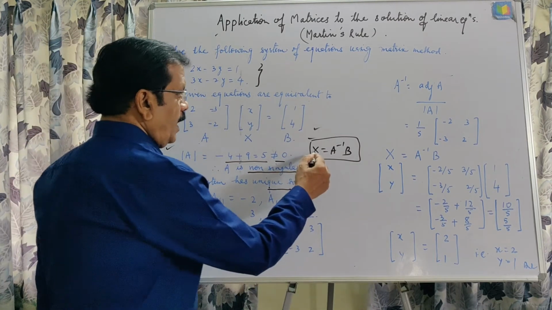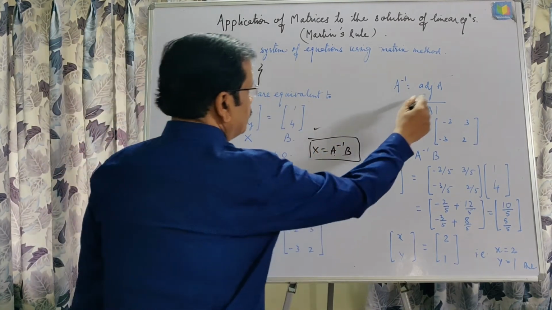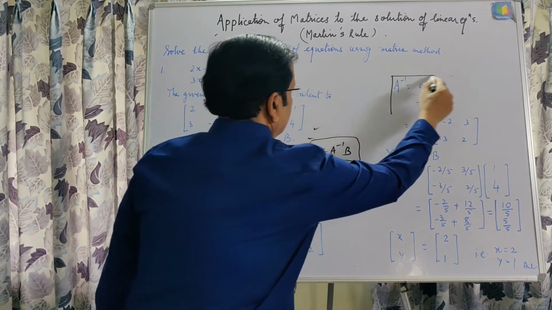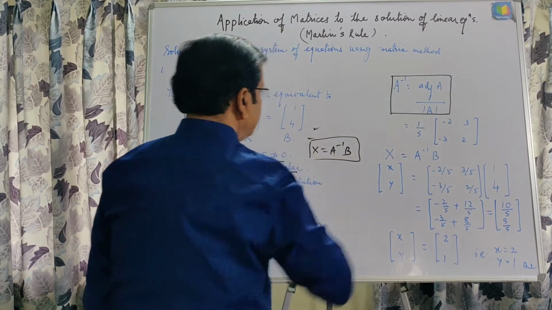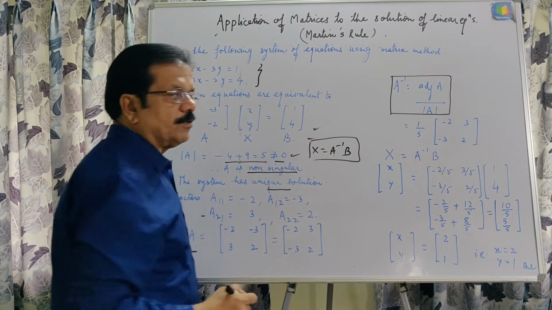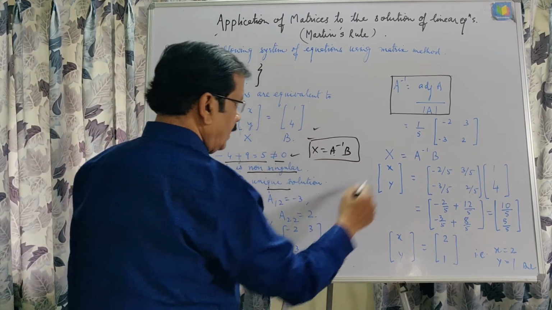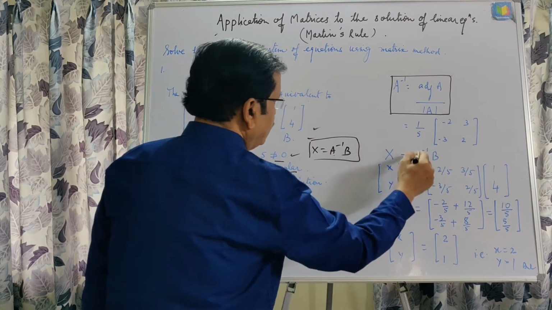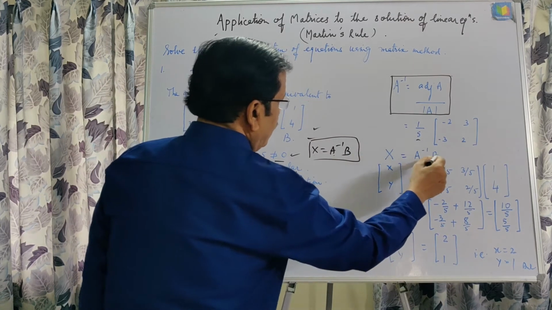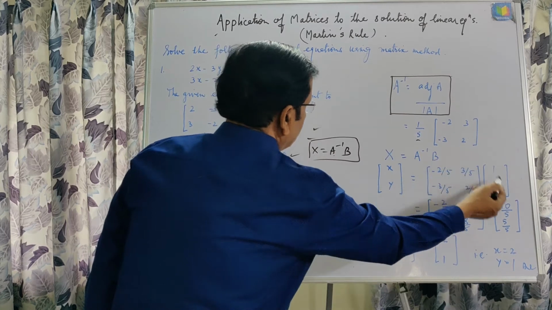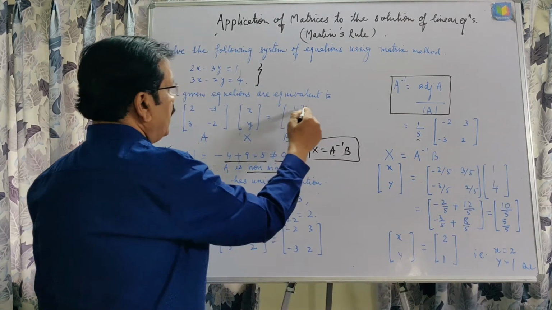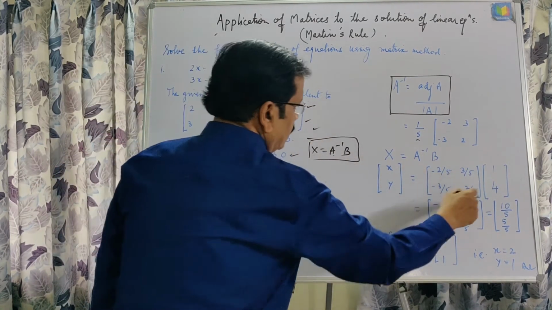After getting this A inverse B, we can find the inverse of this matrix very easily because the determinant is not equal to 0. After writing the adjoint and dividing by the determinant, A inverse B means multiplying by B, 1 and 4 here in a column.